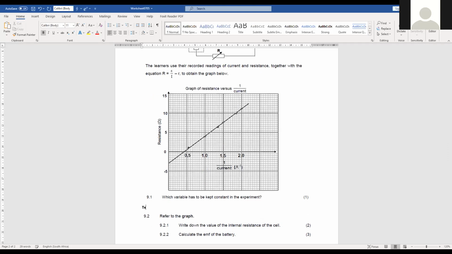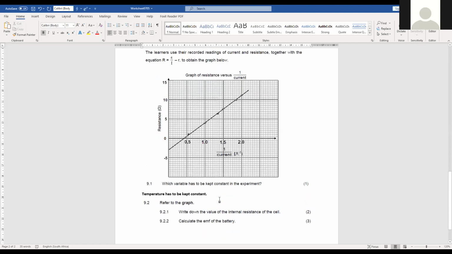So your temperature has to be kept constant. Does that make sense to everyone? So the only thing that you can keep constant here is temperature, because you are changing the current, and that is going to be your small r, and you're looking for resistance.